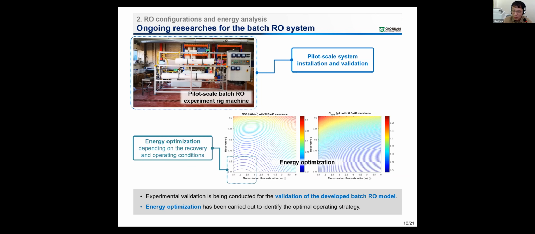Actually, in a continuous RO system, the series configuration can overcome the size limitation of the capacity, but in a batch RO system, the series configuration is not effective. So we have to think about the installation of parallel systems, and this is the main obstacle to realize the large scale system over full scale system.